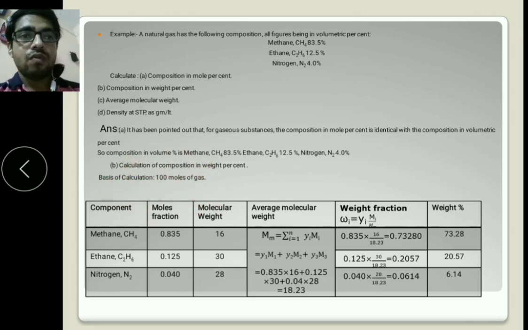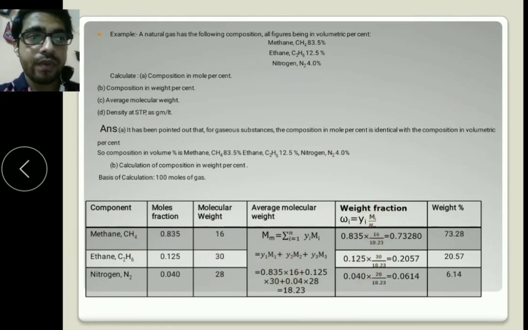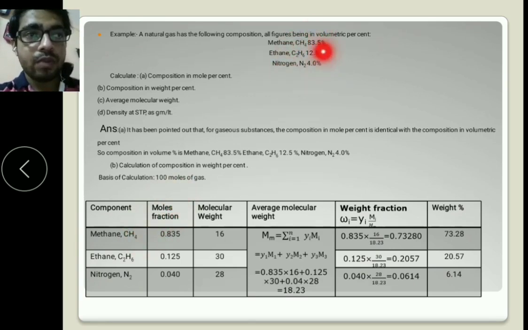Now a table with columns: component, mole fraction, molecular weight, average molecular weight, weight fraction, weight percentage. The components are methane, ethane, and nitrogen. Volume fraction equals mole fraction, so the mole fractions are 0.835, 0.125 and 0.040.